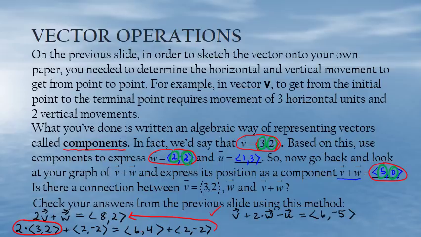Now let's see if algebraically that works. Vector v, I'll just put a line here to keep these separate. Vector v is 3, 2. And if I take 2 times vector w, let me see if I can just do this one directly. Here's vector w. So 2 times 2 is 4, and 2 times negative 2 is negative 4. And then I'm going to subtract vector u, and vector u is 1, 3.